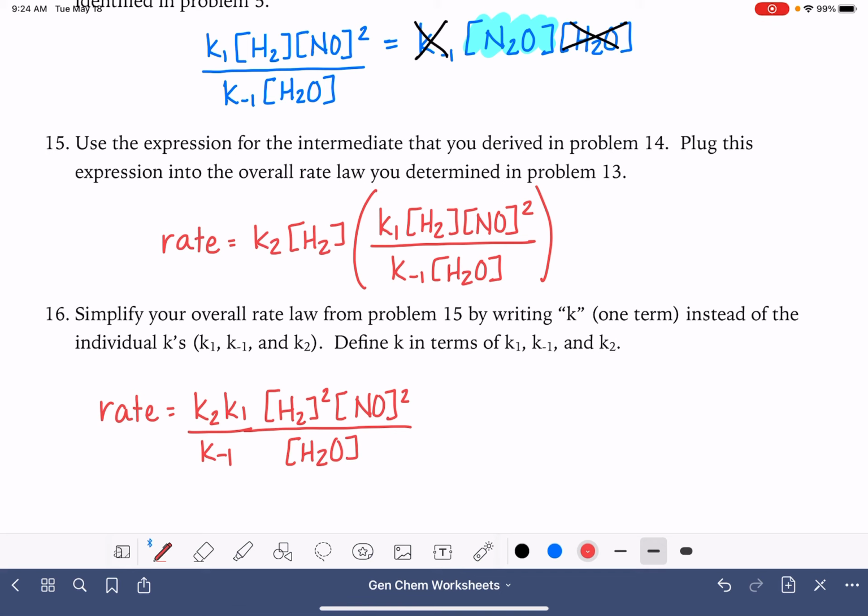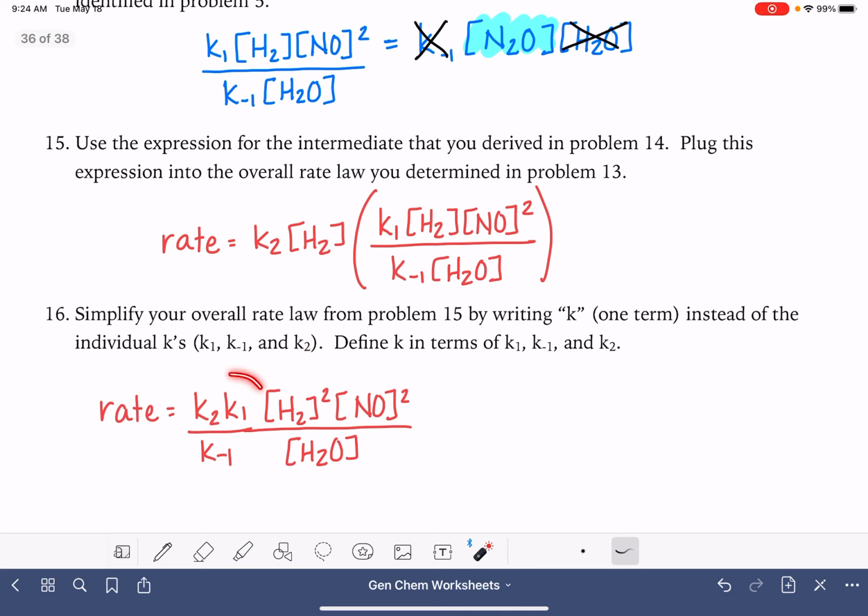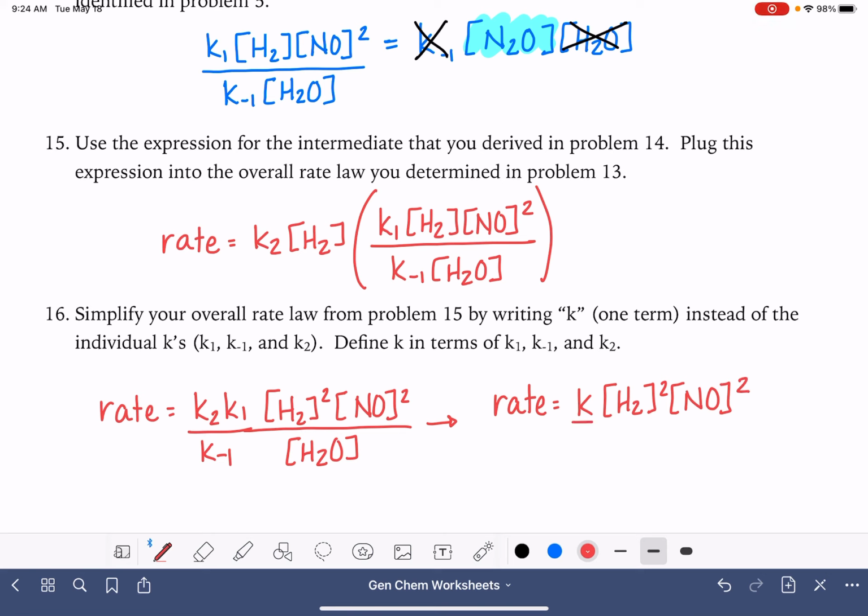And then one thing that chemists will do with this overall rate law is instead of having a lot of K's in the overall rate law, they will just say K to indicate all of those. We'll say rate equals K H2 squared NO squared over H2O.